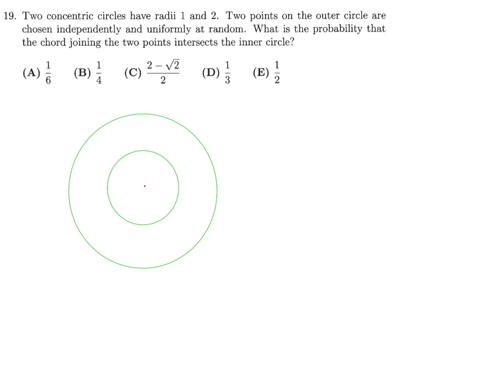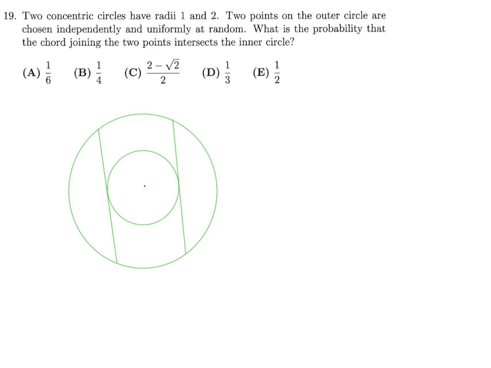So they're saying, what's the probability of you being able to draw a chord so that it intersects the inner circle? Well obviously it's got to touch the circle at least once, and that is the only way to do it. And similarly on this side, that's the only way to do it.